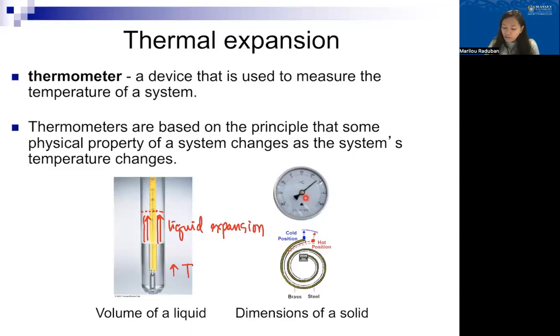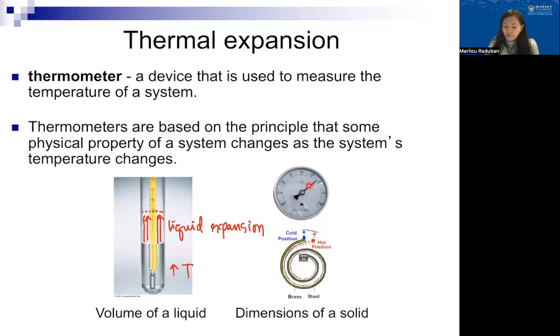Similarly, the thermostats in ovens are composed of a coil of two metals that have different expansion rates. When the oven becomes hot, this metal expands and so it elongates, and there's an arrow at the end that then moves, and we just read off the temperature from a scale.